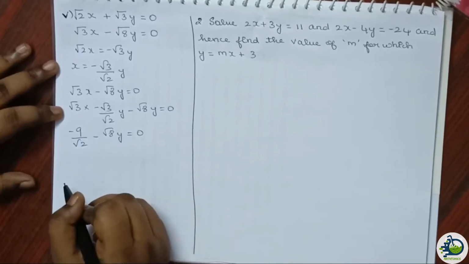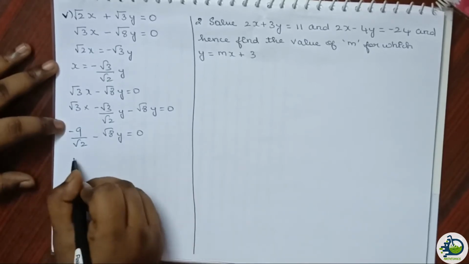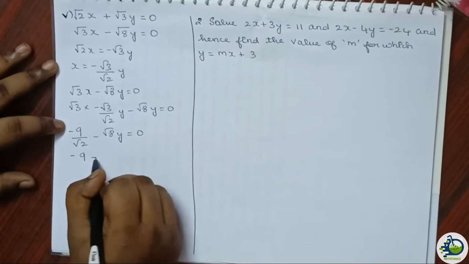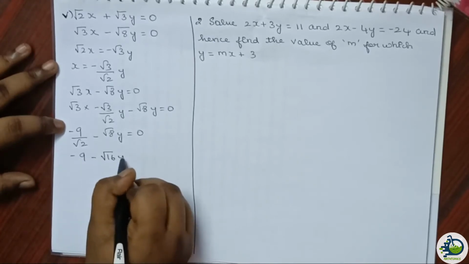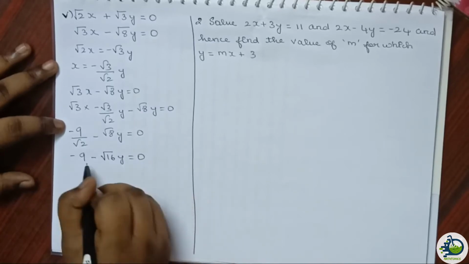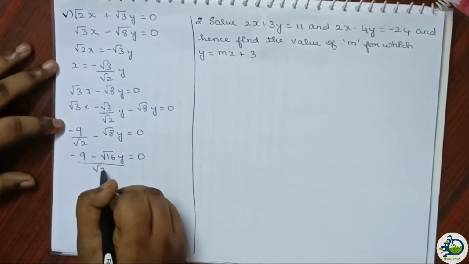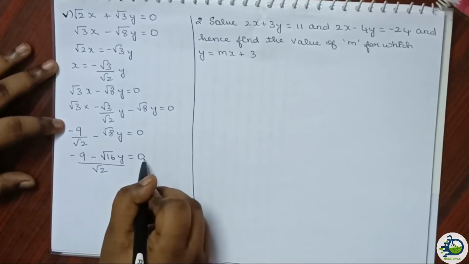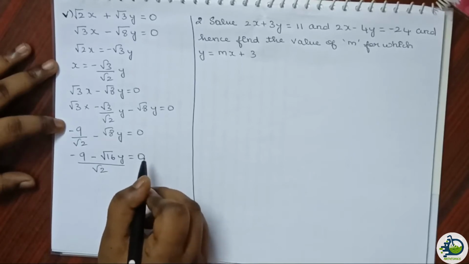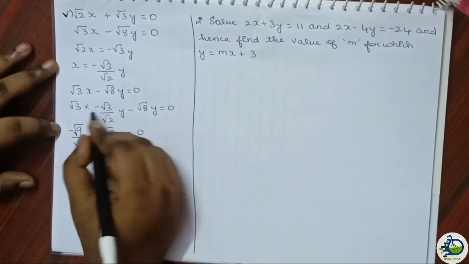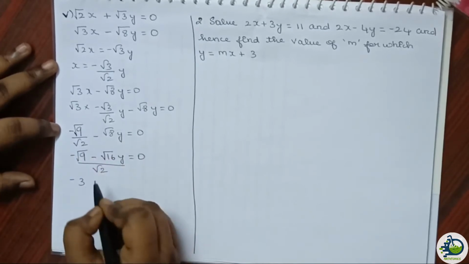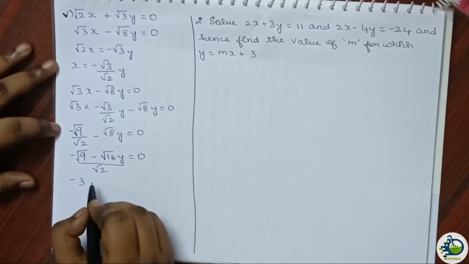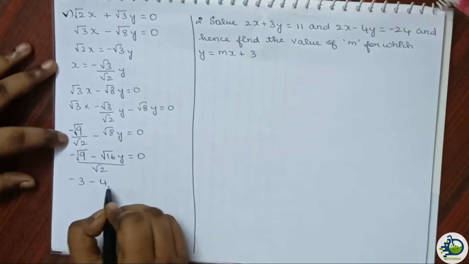Here we are going to take LCM. So I have to cross multiply. So minus 3y minus root 2 into root 8, which is root 16y, equal to 0. Here I will be having root 2, but when I bring it to this side, 0 into root 2 is 0. Root 3 into root 3 is root 9, which is nothing but 3, and root 16 is nothing but 4.